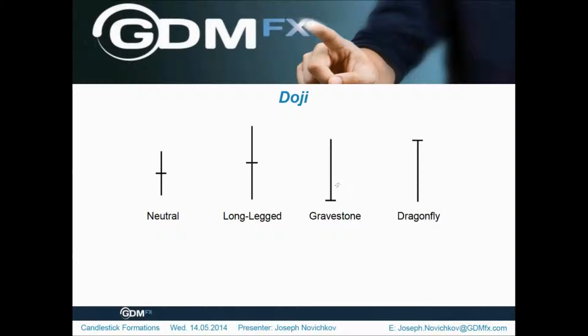Now, the gravestone: we can spot that we have no lower shadow below the opening and the closing of the price, but we have a very long upper shadow above the opening and the closing of the price.